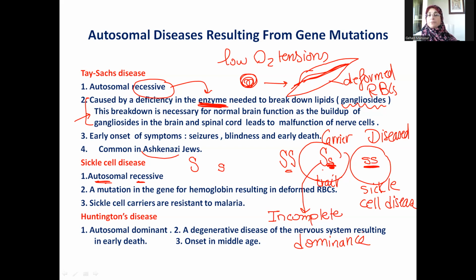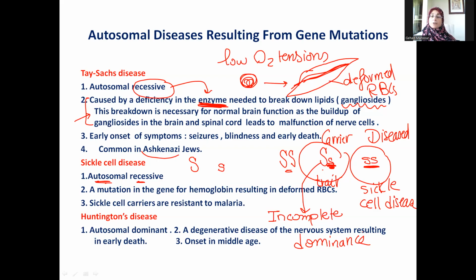And then we have incomplete dominance, where the dominant allele masks the recessive allele, but the recessive allele sometimes shows partly under certain environmental conditions, for example, low oxygen tension.